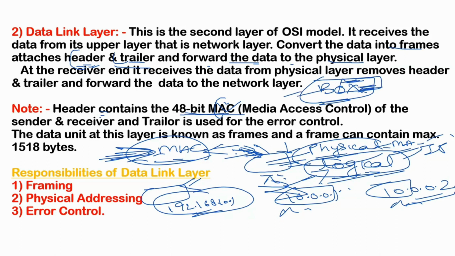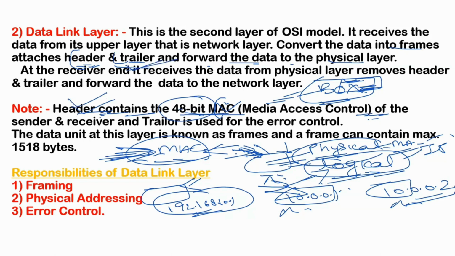The same thing happens here. In the data link layer, the header contains the 48-bit MAC address, because the MAC address is the identity, meaning from where you want to send and to whom. All these MAC addresses are in the header part, and the MAC address size is 48-bit. That is the header, and the second thing is the trailer.